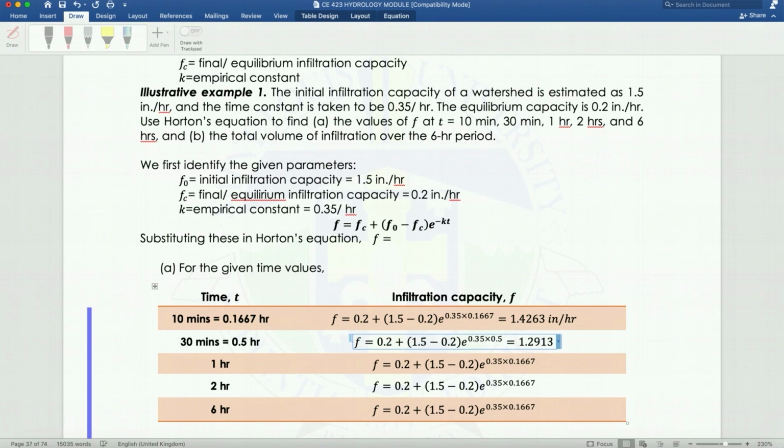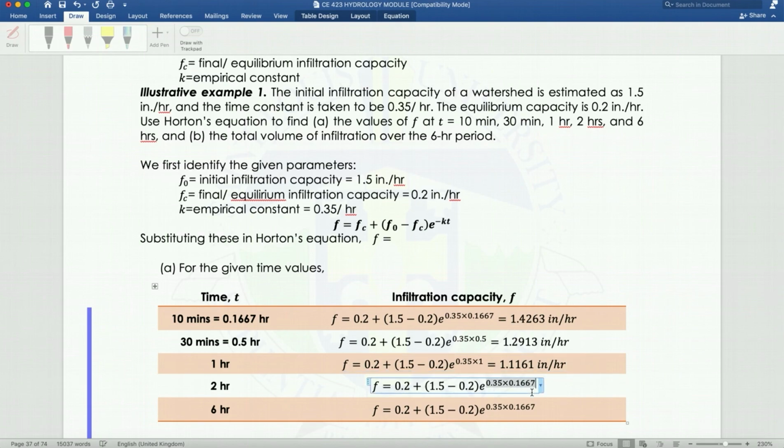And that is again in inch per hour. Next, yung time natin dito, palitan natin. That should be times 1. Okay. So calculate. That is 1.1161. That is in inch per hour.